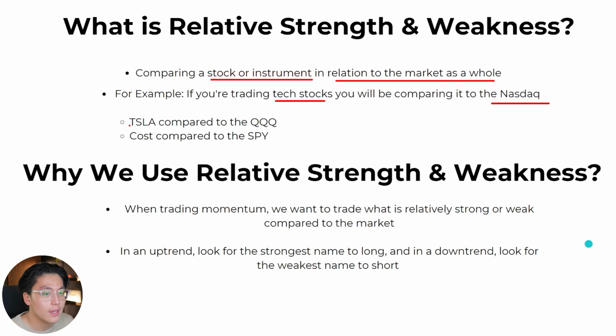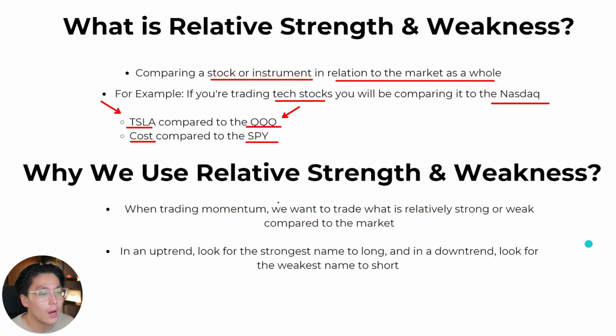Tesla is within the NASDAQ or the QQQ, so we're going to compare Tesla to the QQQ to understand if it's relatively strong, relatively weak, or neutral. For example, if we're trading Costco, we can compare this to the SPY because Costco is within the S&P 500. We're always going to be comparing the tech name or the stock in correlation to the overall index.